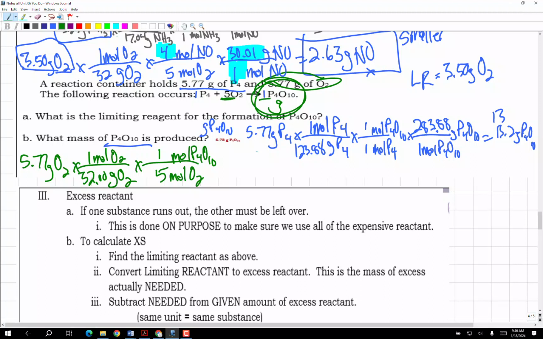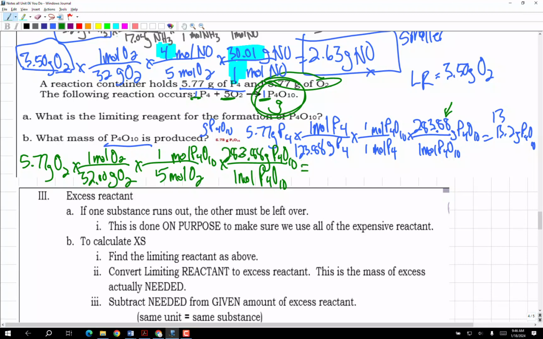5 is a coefficient for oxygen. 5 is oxygen, 1 is P4O10, times 1 mole P4O10, and grams of P4O10. Luckily, I already did this molar mass, 283.88.